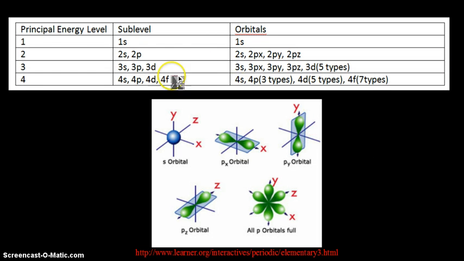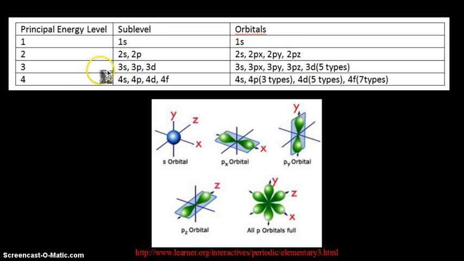So here's a convenient table that talks about the principal energy level, what sublevels can be contained, and then what orbitals are present. In principal energy level 1, you can only have one sublevel, the 1s, which only has one orbital, the 1s. Principal energy level 2 has two sublevels, the 2s and the 2p, and a 2p sublevel has three types, the 2px, the 2py, and the 2pz.